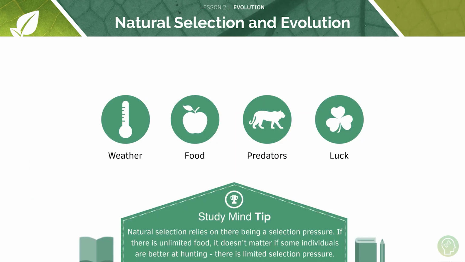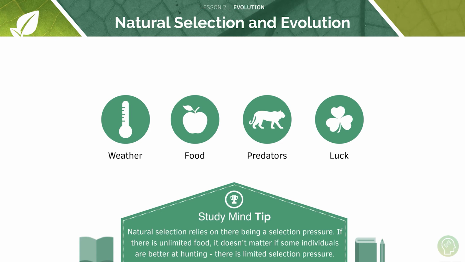So just a few tips coming up. Natural selection relies on there being a selection pressure. So if there is unlimited food, it doesn't matter if some individuals are better at hunting because there is limited selection pressure. With the mountain rams, perhaps if there's a period in which prey are not as prevalent, maybe during the winter when many animals hibernate, that is an example of a selection pressure because then there's going to be more competition for the same resource, so for food in this case.